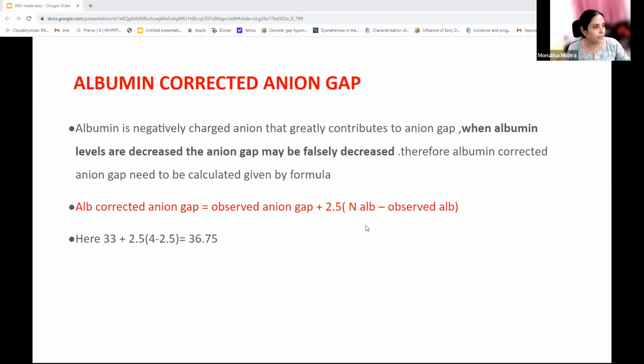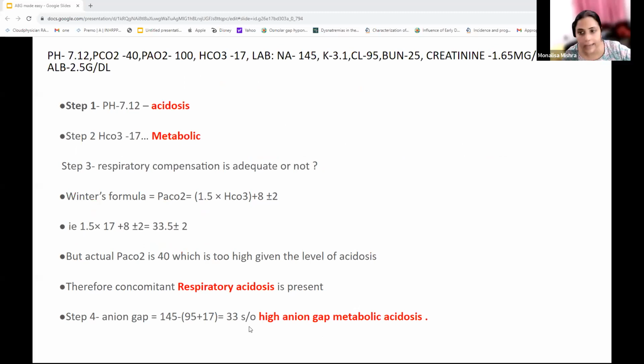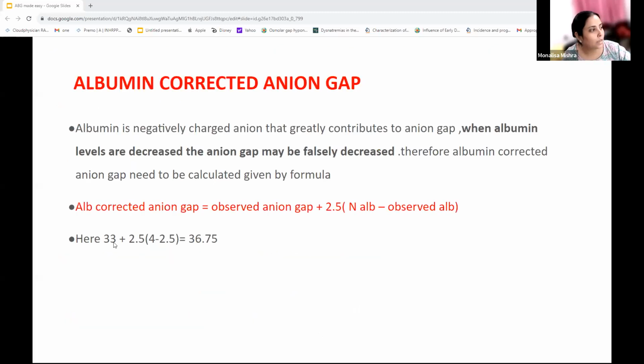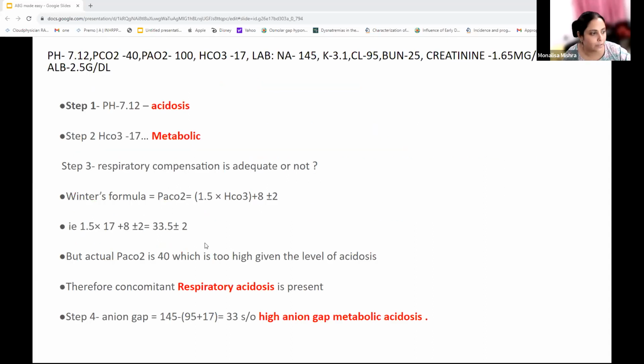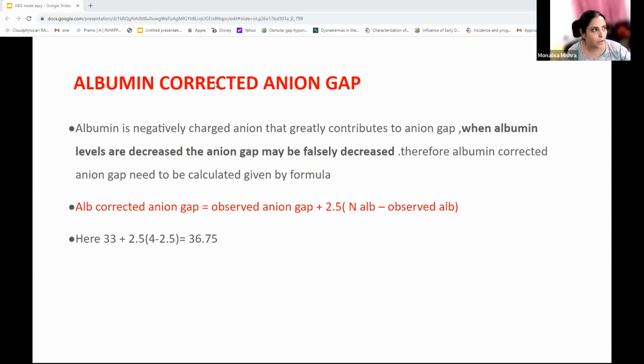We'll give an example. In this case, you calculated the anion gap as 33, right? So 33 plus 2.5 into normal albumin, which is 4, minus observed albumin. The patient's albumin was 2.5. So 36.75 will be the actual anion gap. It's different from 33, right? Not very different, but it is different. So this is how you calculate the corrected anion gap.